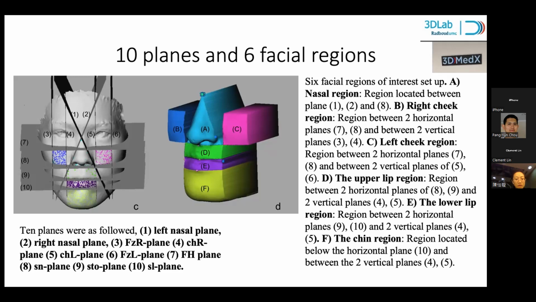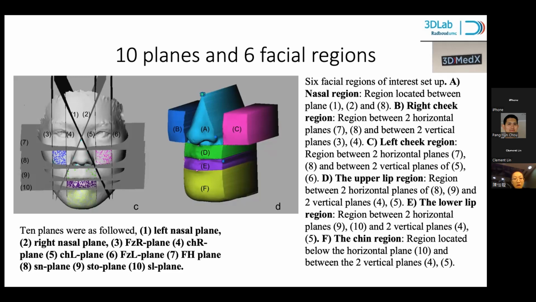And the horizontal planes, including the frontal horizontal plane, horizontal subnasale plane, horizontal stomion plane, and horizontal sublabiale plane.